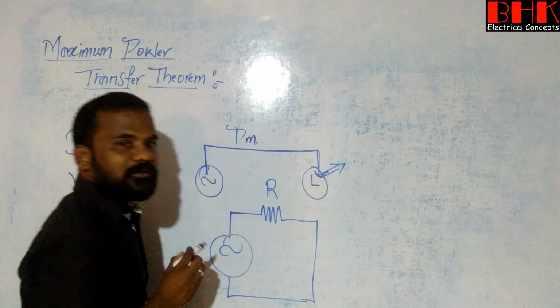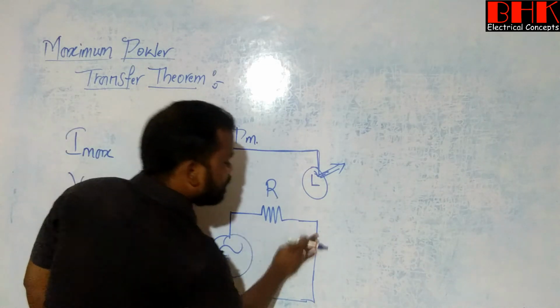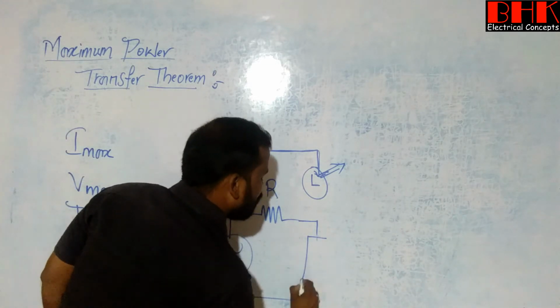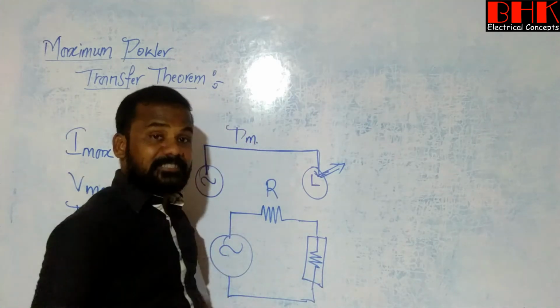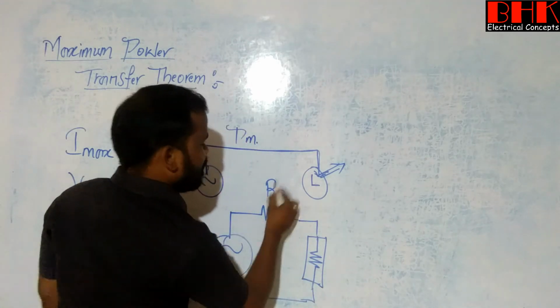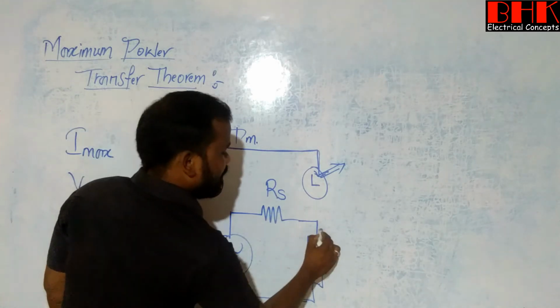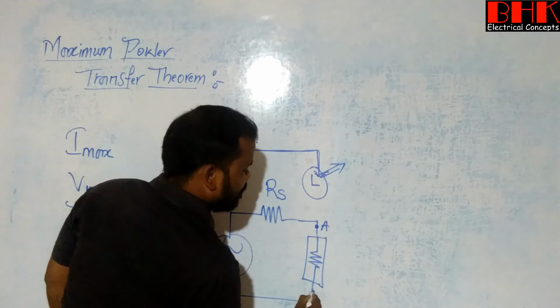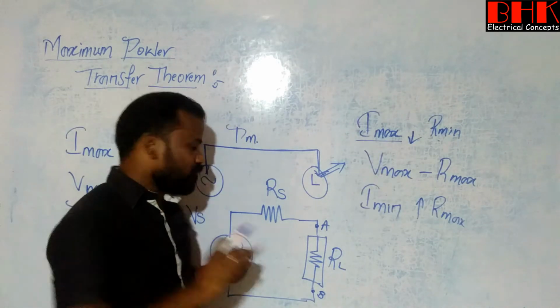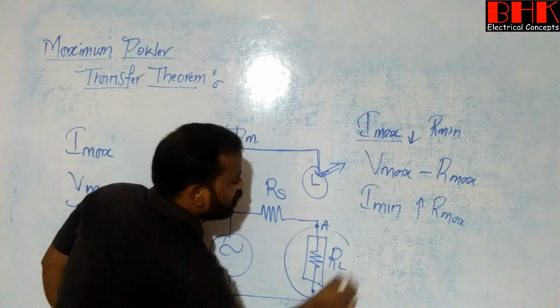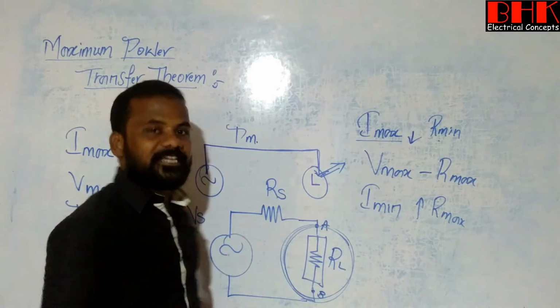Here I am taking one resistive load. This is the source resistance, and this one is the load resistance RL. Now I am going to talk only about the resistance R here.